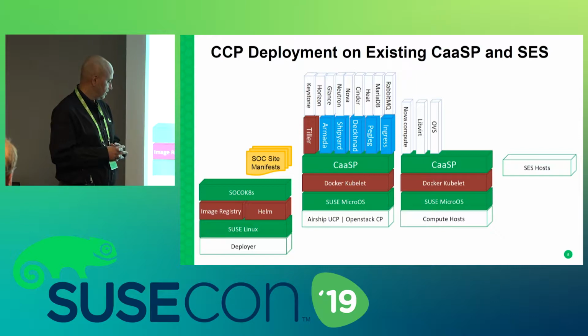And this is SUSECON Kubernetes, our code base, which is open source. It has Ansible-based playbooks, which use Airship CLIs for various components, and it configures the undercloud and then the overcloud.